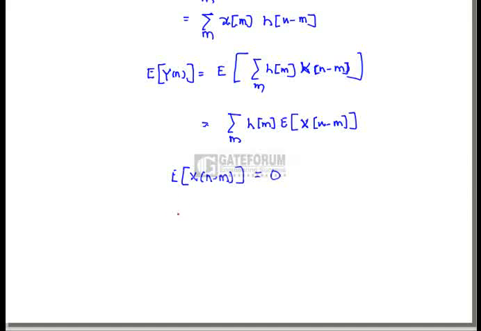Hence the output mean equals the input mean multiplied with the frequency response at f equals 0, whose value is equal to 0.